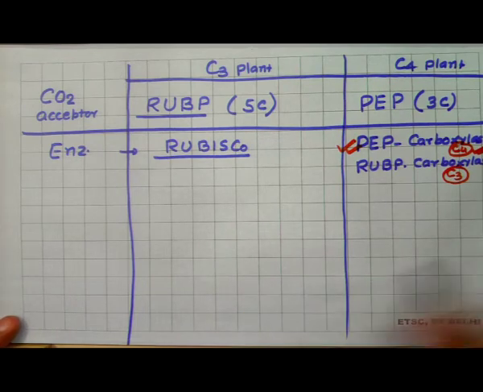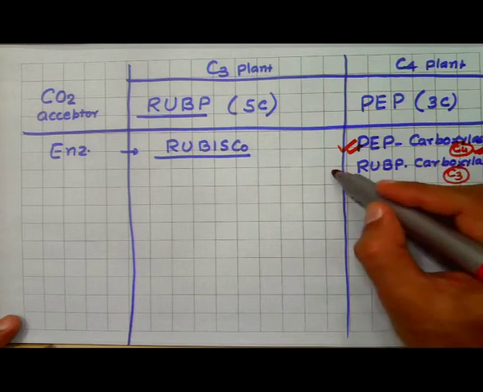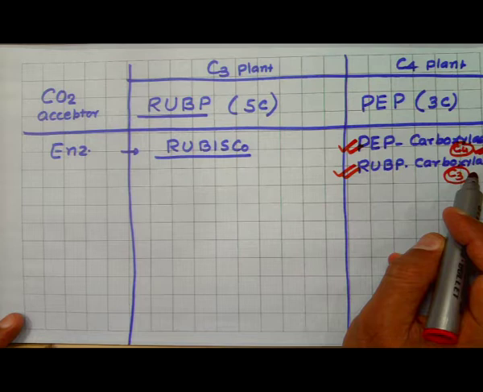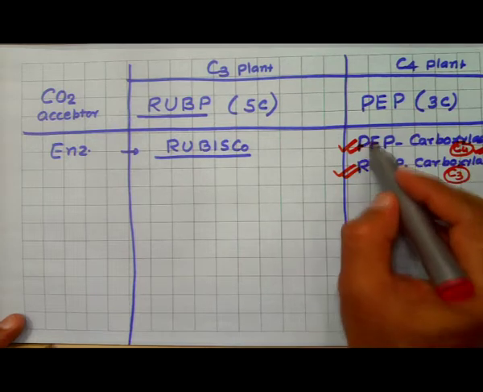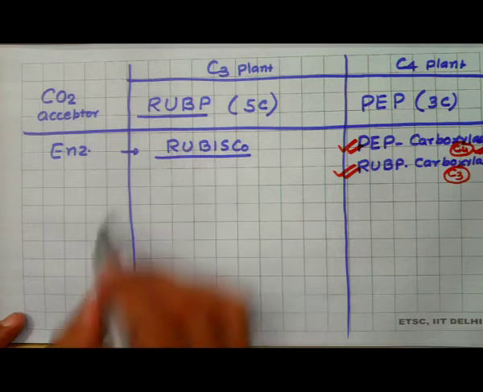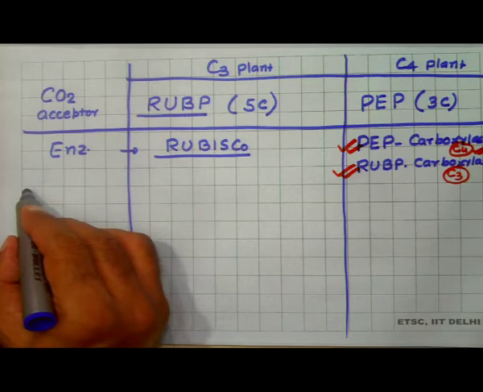When the carbon dioxide is released in the bundle sheath cell, it is accepted for the C3 cycle by RuBP carboxylase. So, both enzymes are involved in C4 plants, but only one enzyme, that is Rubisco, is involved in C3 plants.